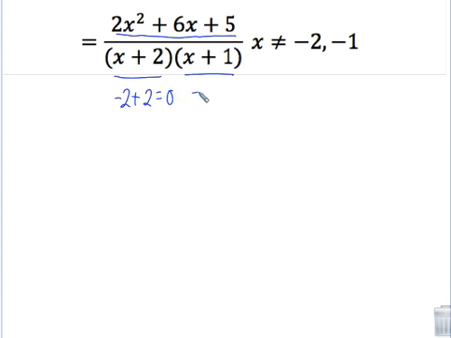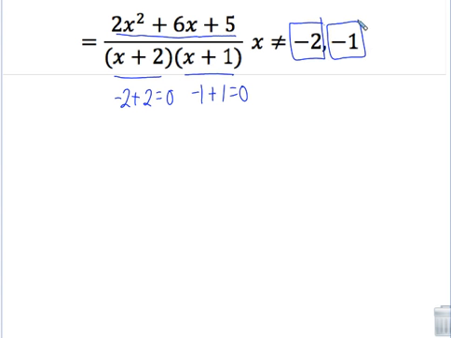If x was negative 1, then negative 1 plus 1 also gives 0. So two of my restrictions on the domain are x cannot equal negative 2 or negative 1, because both of those values will cause a 0 in the denominator.